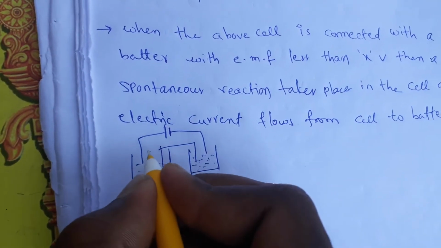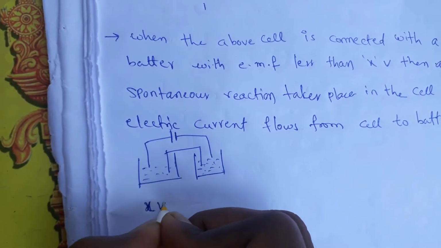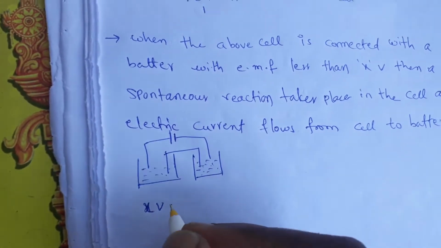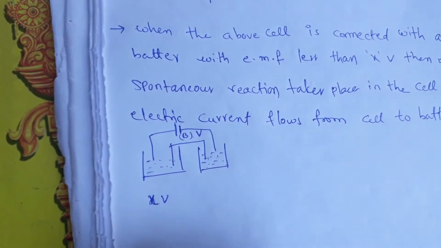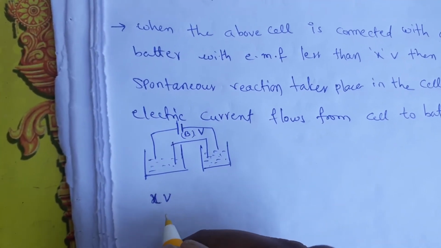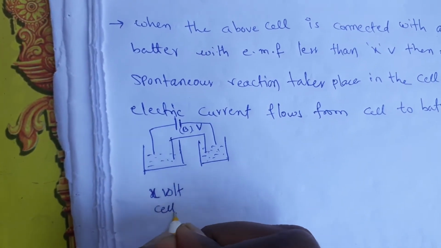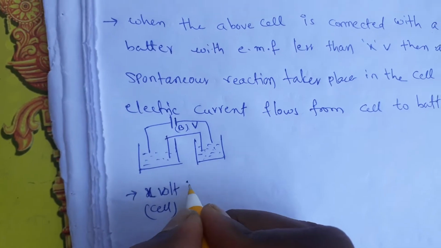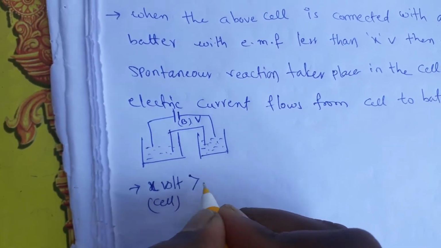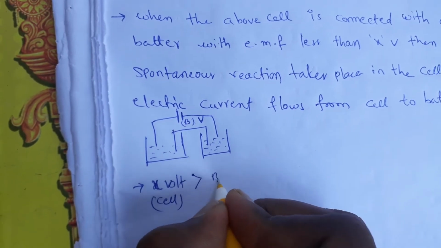So an electrode potential of x volt is generated from the cell, and the battery also has some potential. So this potential of x volts of the cell is greater than the battery.